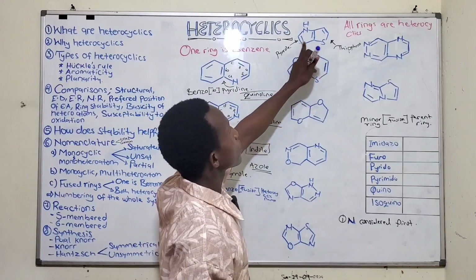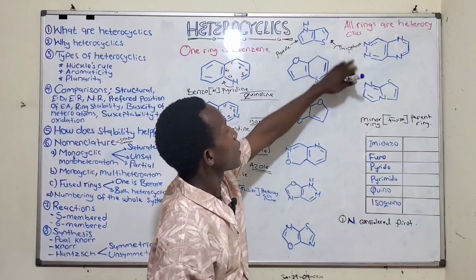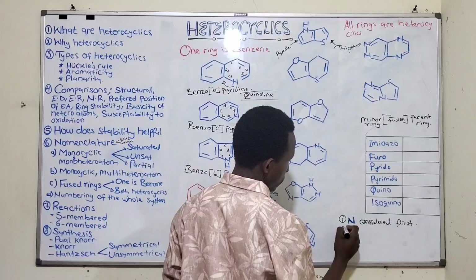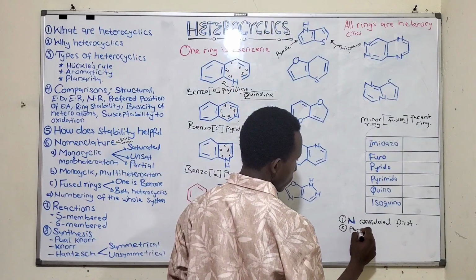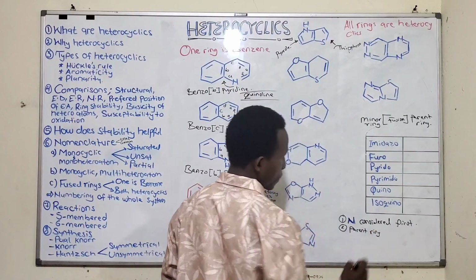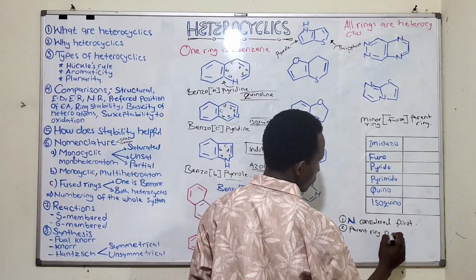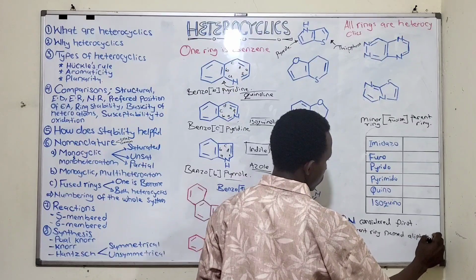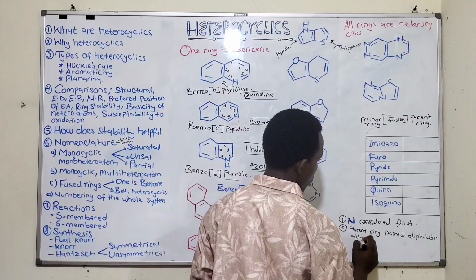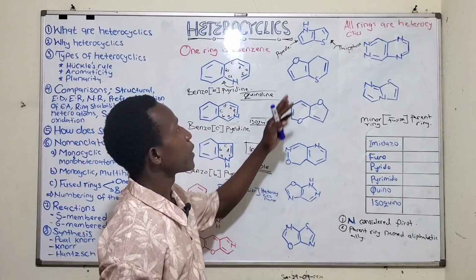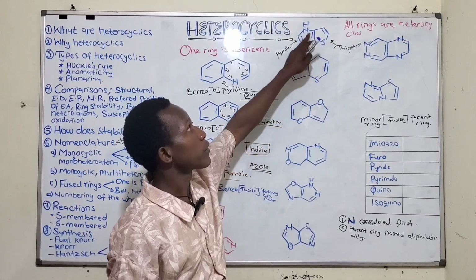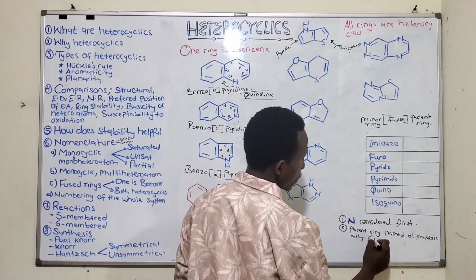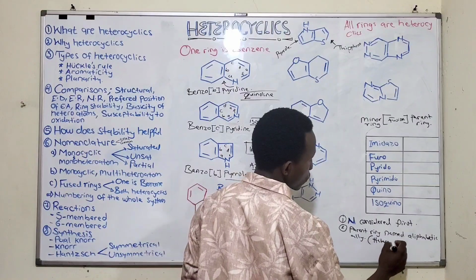For the parent ring, we shall name them alphabetically, from the heteroatom towards the fusion.